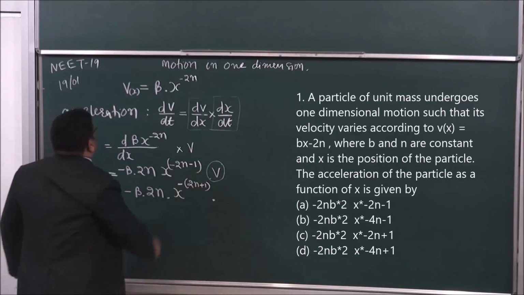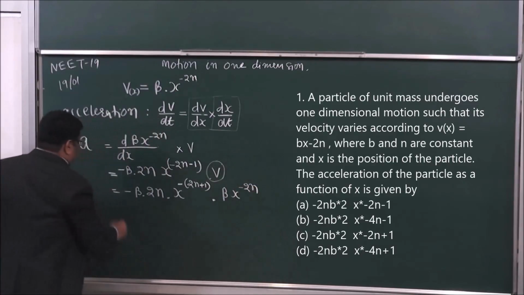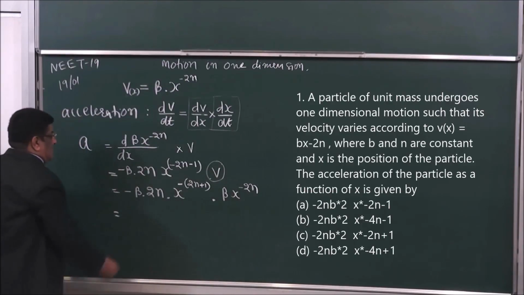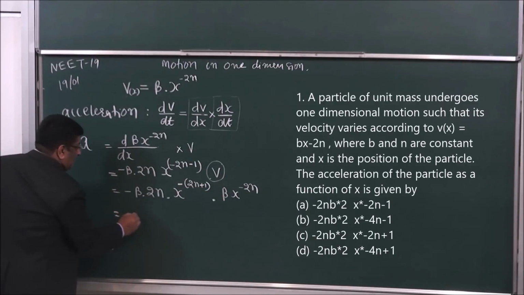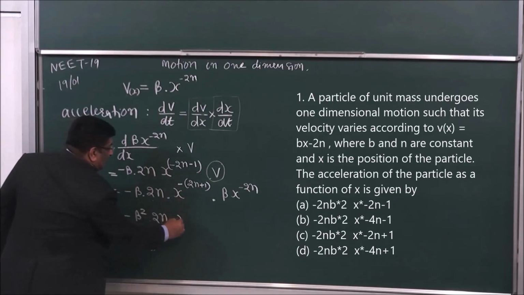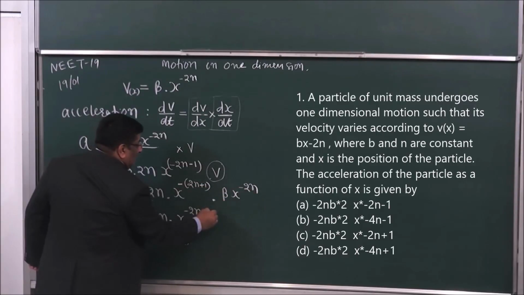So v is again beta x to the power minus 2n. So this is equal to beta into beta, then 2n, nothing else, 2n x to the power minus 2n minus 1 minus 2n.